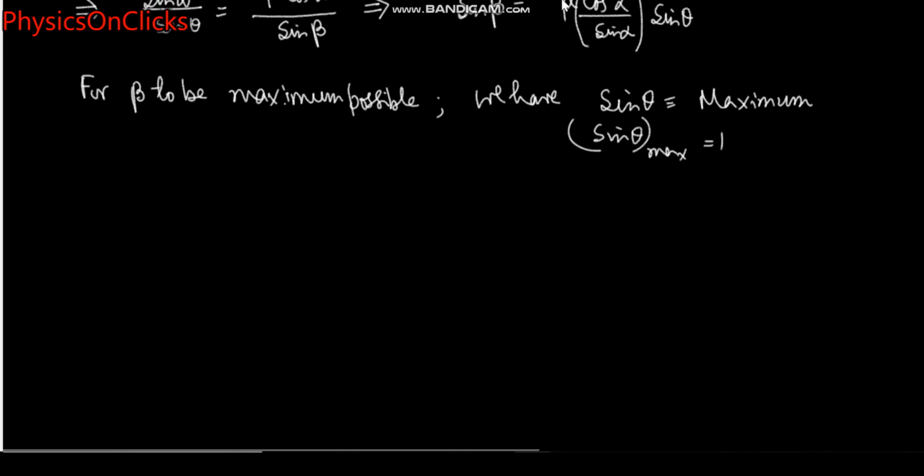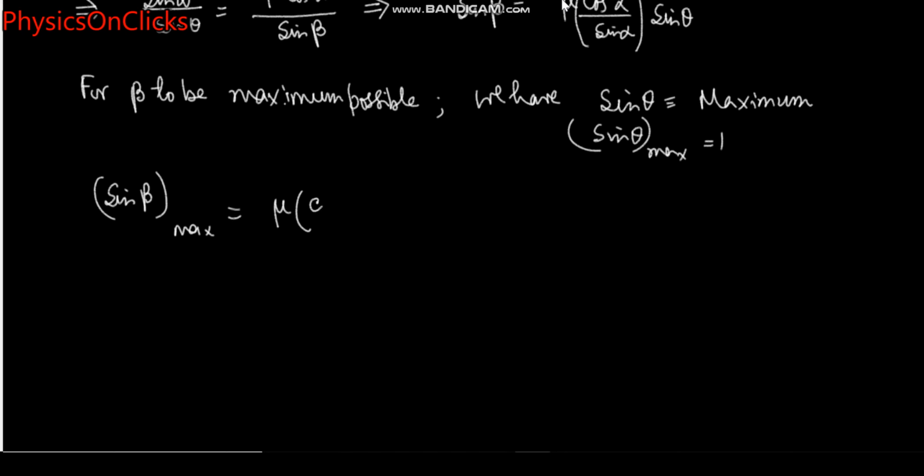Therefore, we can write sine beta maximum is equal to mu times cos alpha by sine alpha, which is cot alpha, times sine theta maximum. Theta is independent, beta is not independent.